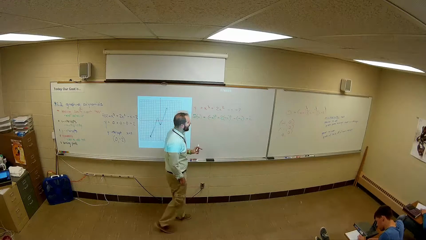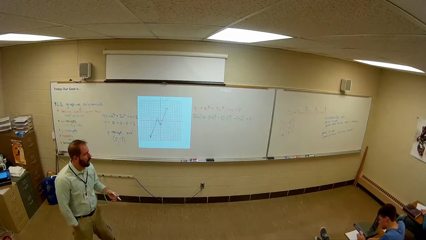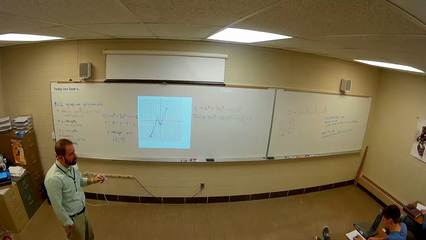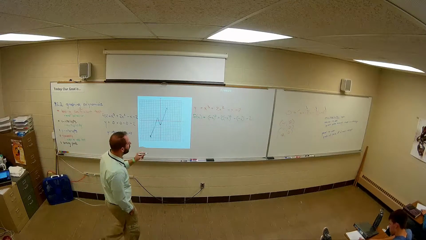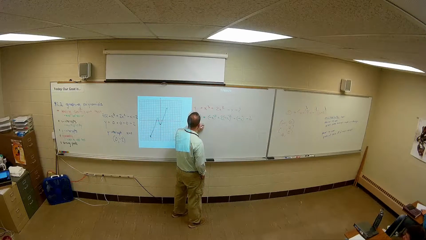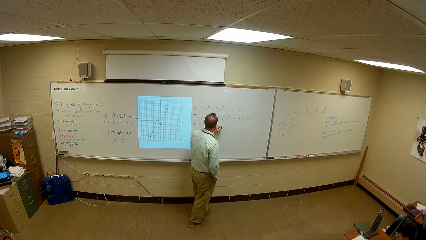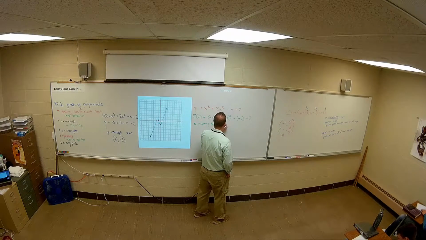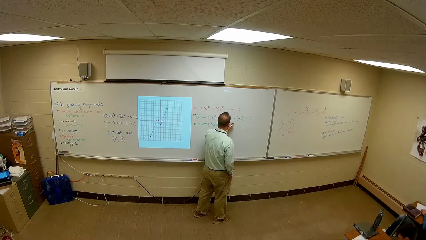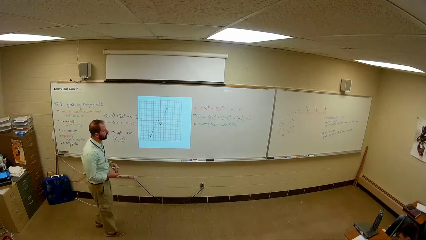So I'm plugging in negative x wherever there's an x. Notice I'm not multiplying on it. I'm plugging it in. I'm substituting in a negative x. This is your symmetry test. The symmetry test is basically, do you know how to substitute correctly? Can you substitute in negative x's correctly?